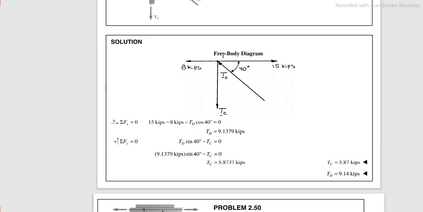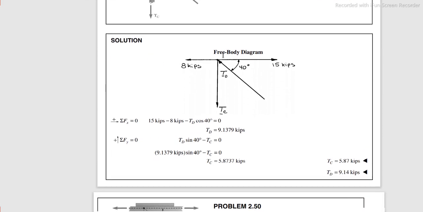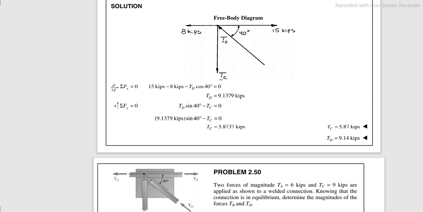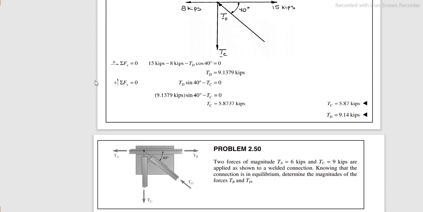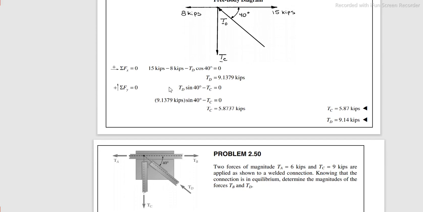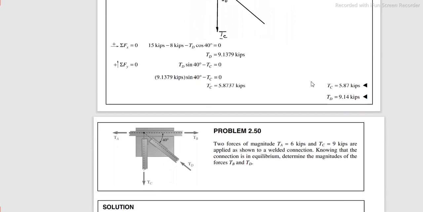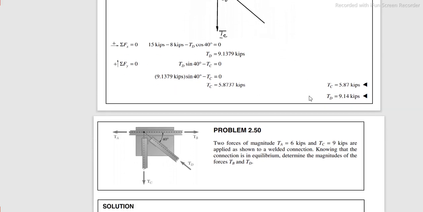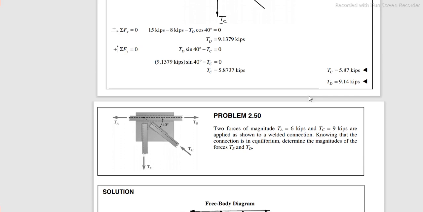Here the solution is, this is the free body diagram and the horizontal and vertical components are, so TC equals 5.87 and TD equals 9.14 kips.